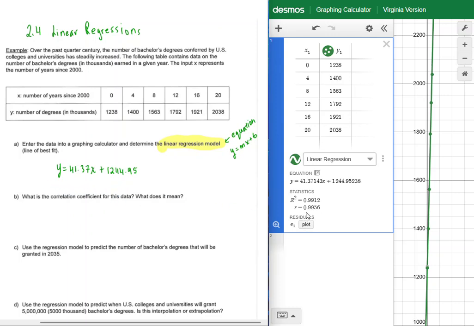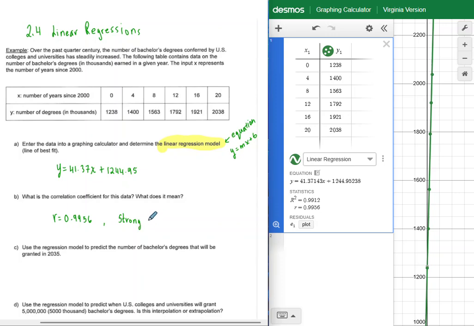What is the correlation coefficient and what does it mean? The correlation coefficient is right here: r, the lowercase r, equals 0.9956. It means that it is a strong correlation, because it's 99%. Actually, it's almost 100%.